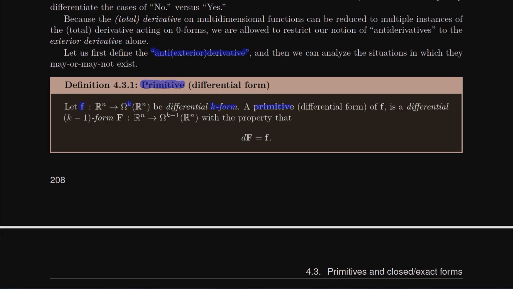A primitive of that k-form is going to be a capital F, itself a (k minus 1)-form, with the property that if I take the exterior derivative of capital F, I recover lowercase f. So really straightforward. Nothing more complicated than that.